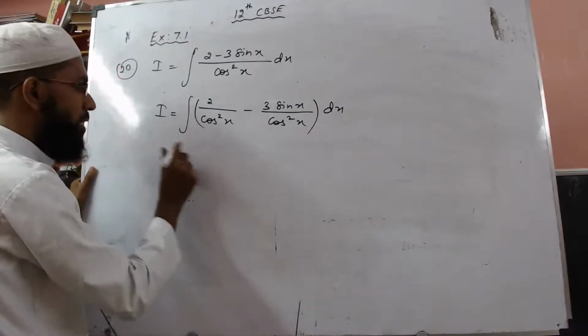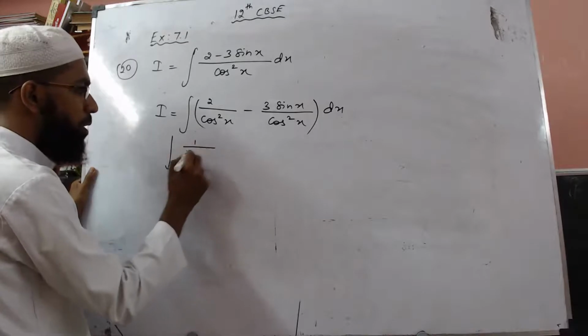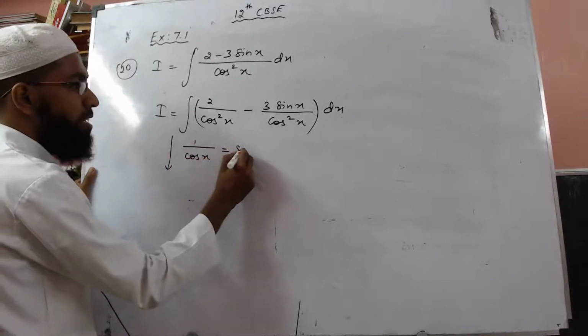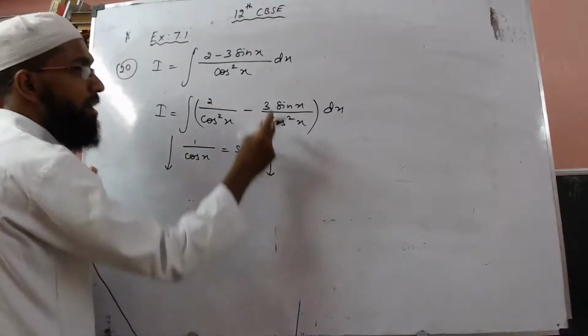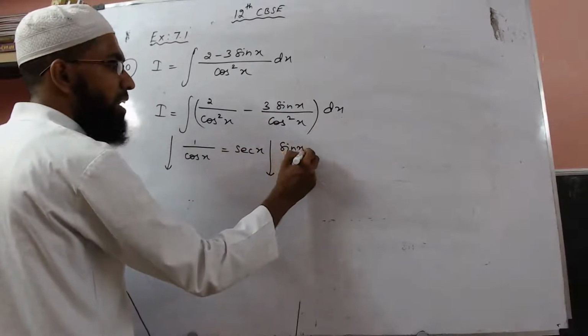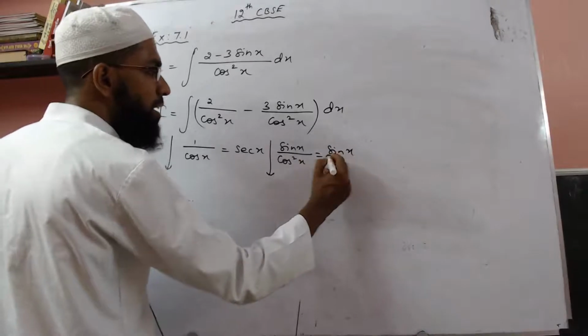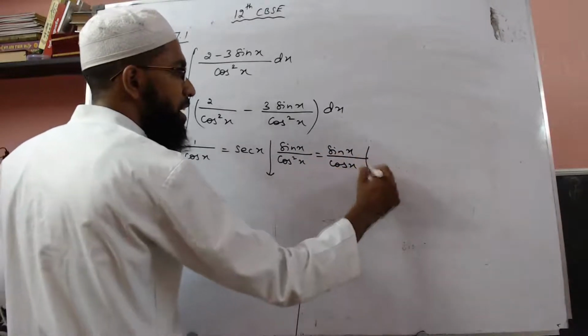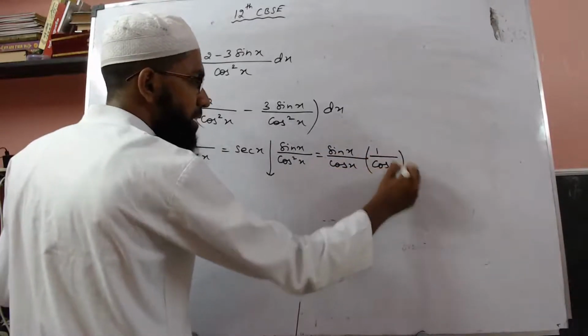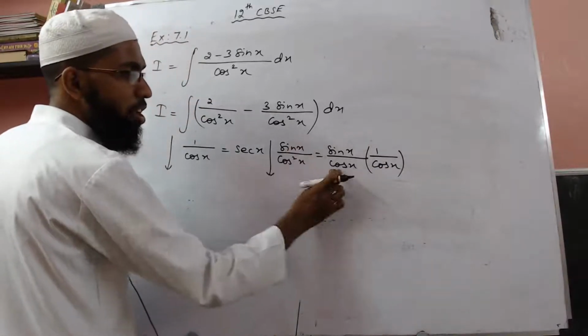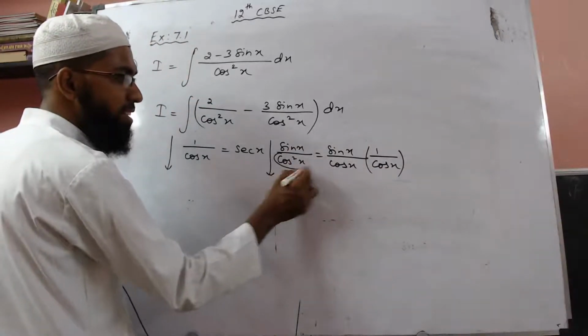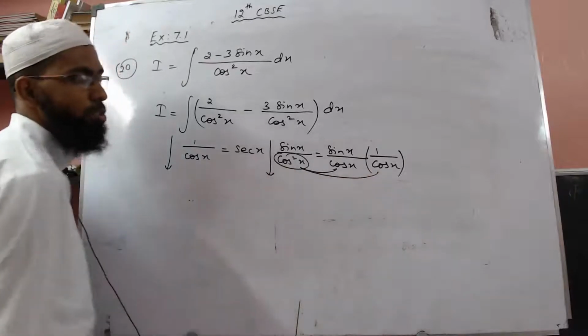I know 1 by cos x is secant x. What is sine by cos square? Sine x by cos square x I can write as sine x by cos x into 1 by cos x.